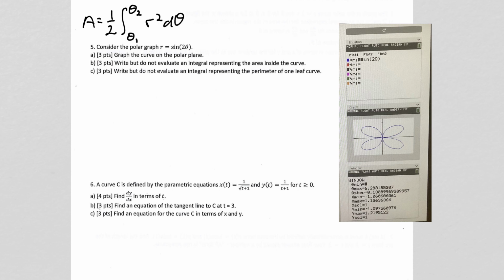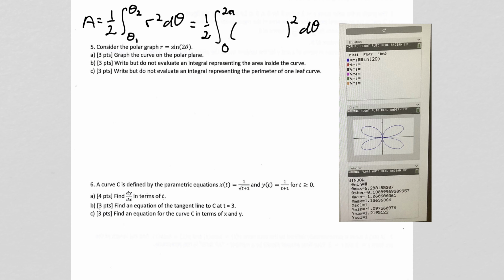So my theta 1 and my theta 2 are going to be the theta values that it took to draw this whole curve, which started at 0 and ends at 2 pi. So my area is going to be 1/2 integral 0 to 2 pi of r squared d theta.